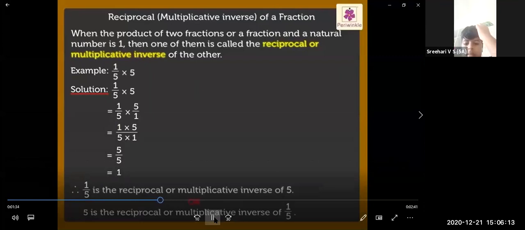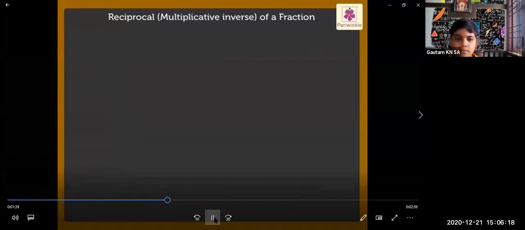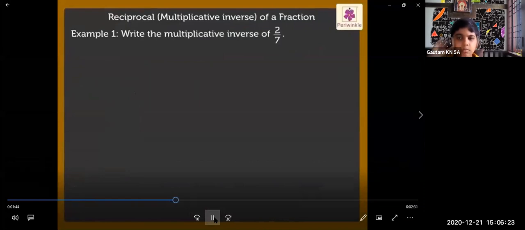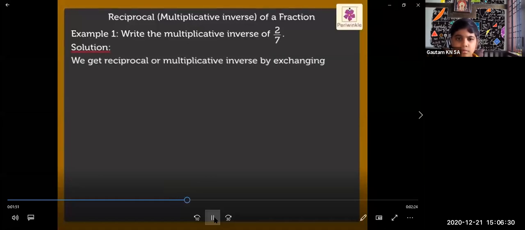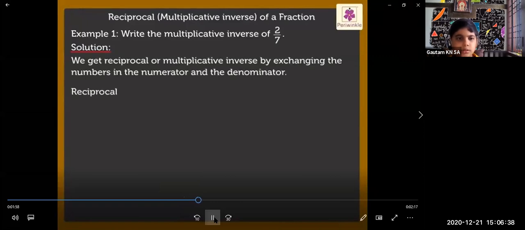Now let us find the multiplicative inverse or reciprocal of a few fractions. Write the multiplicative inverse of 2 upon 7. We get the reciprocal or multiplicative inverse by exchanging the numbers in the numerator and the denominator. So, we get the multiplicative inverse of 2 upon 7 as 7 upon 2. 4 upon 9 multiplied by what gives 1?